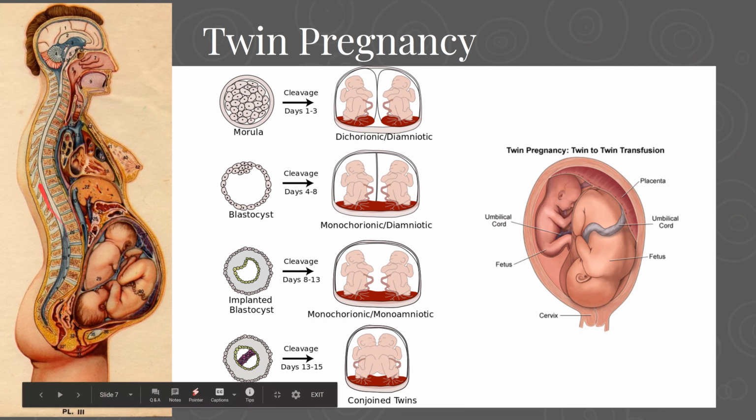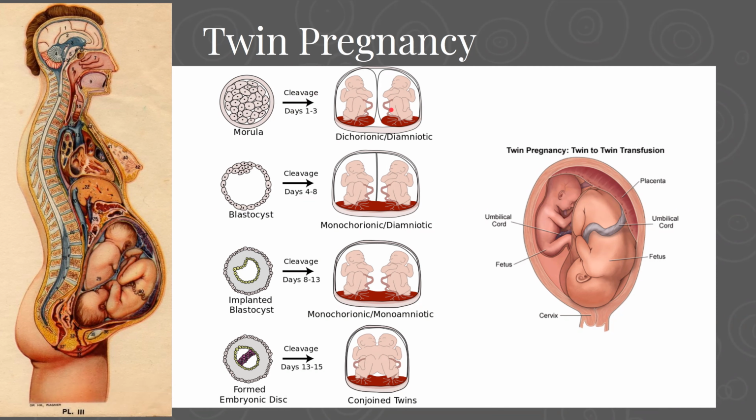And so if it divides between day 1 and day 3, it might be pretty difficult to tell that it's an identical twin pregnancy. And that is another reason why some of the issues that we talked about during the post-genomics talk about why identical twins and all those twin studies weren't as valid as we thought, because some of the fraternal twins were actually identical twins.